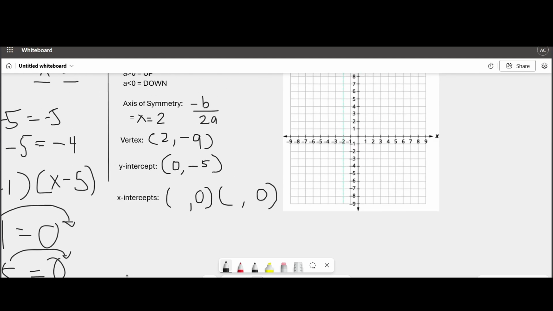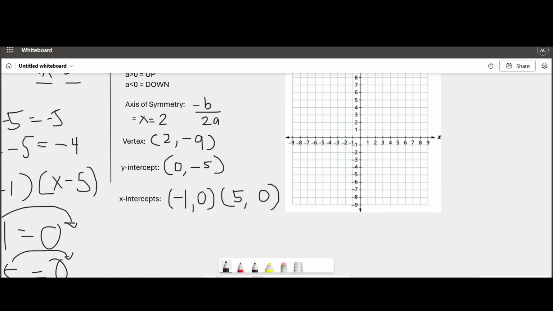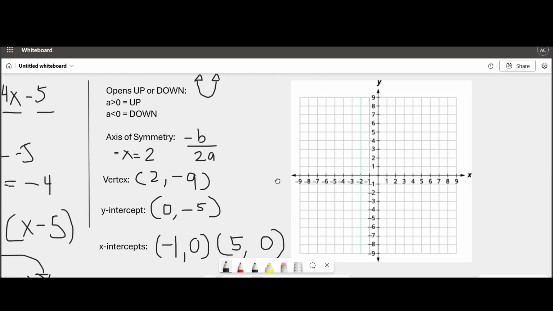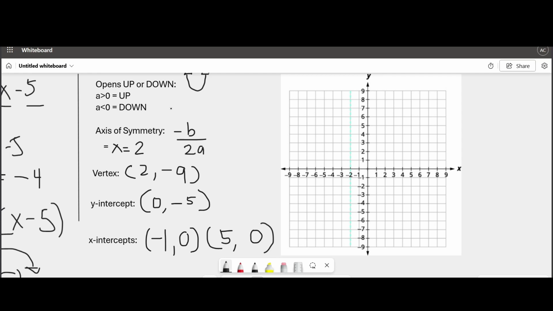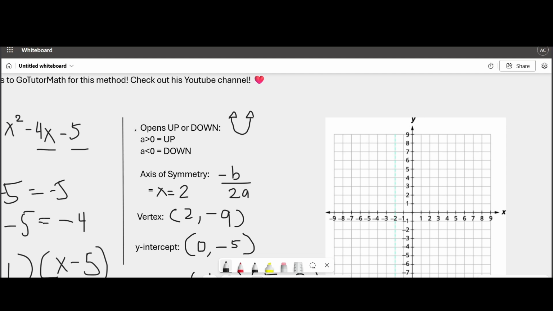So now we just have to write that in. Now we can see -1, positive 5.